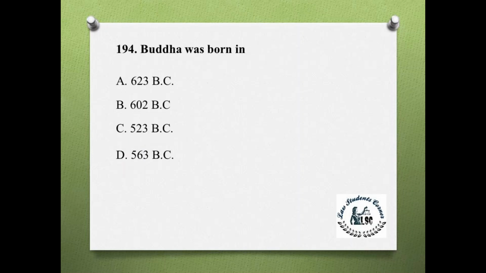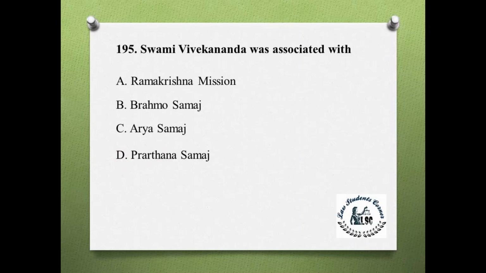Question number 194. Buddha was born in option A 623 BC, option B 602 BC, option C 523 BC, option D 563 BC. Correct answer is option D 563 BC. Question number 195.